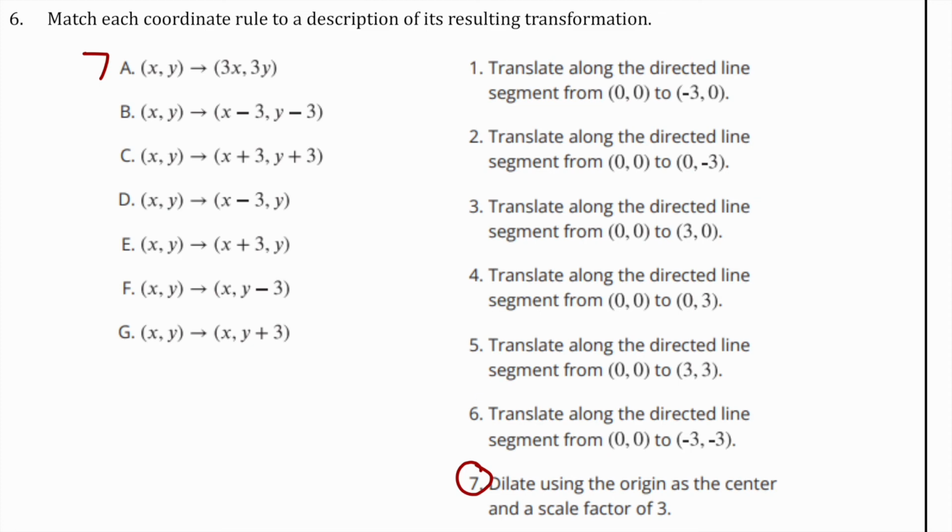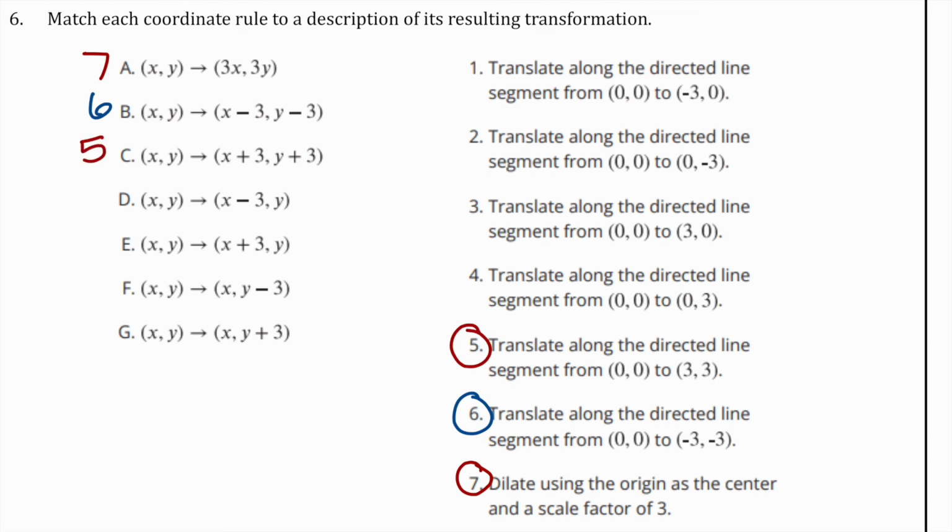So this one actually matches up with number 6. So that is 6. For C, this one is positive in both of those directions. So right 3 and up 3, it's going to be the one right above it. That's going to be number 5.